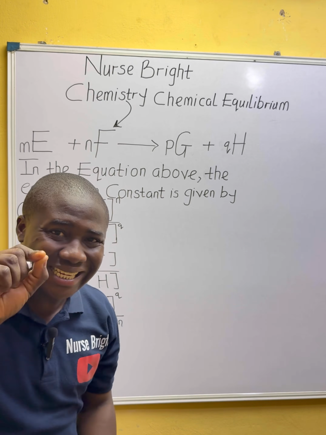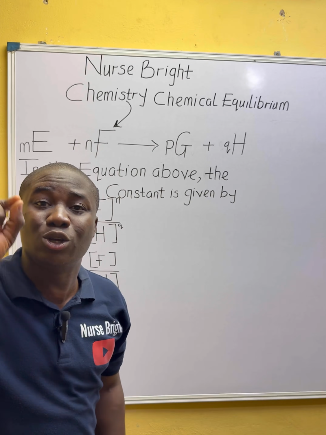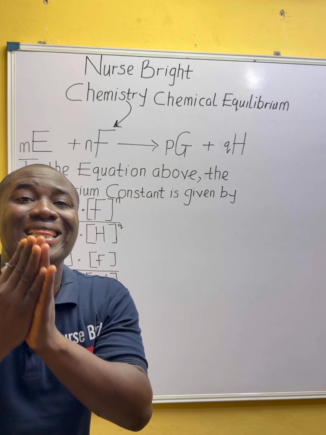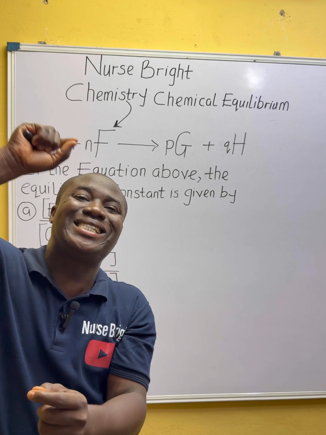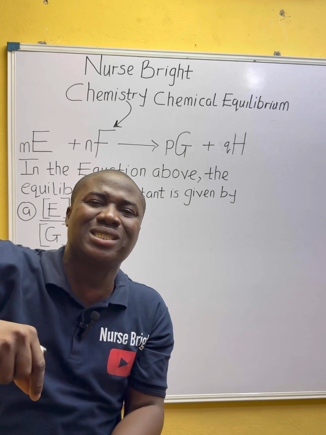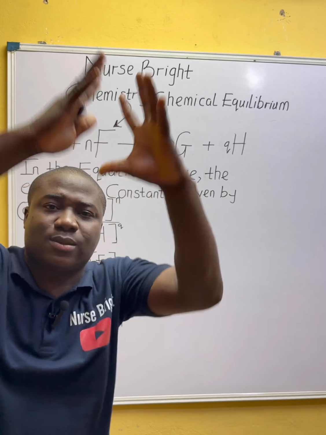So the question says, the equilibrium constant is given by. Now let me tell you something important. They can either say the equilibrium constant is given by, or they say the equilibrium constant expression is given by, because it is actually an expression.